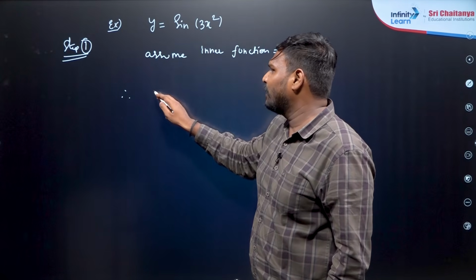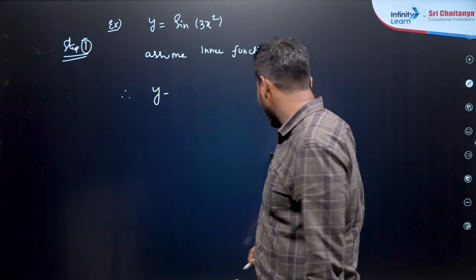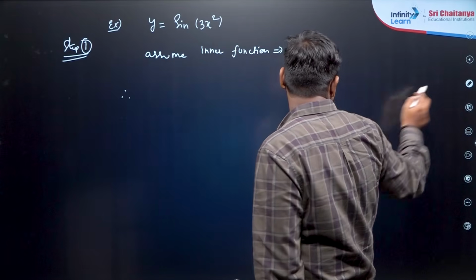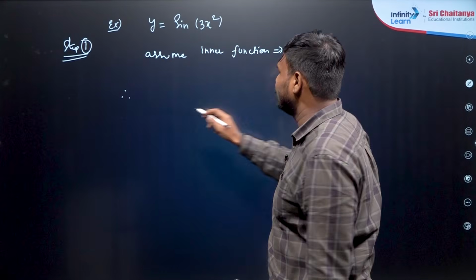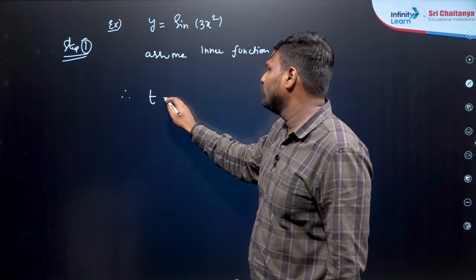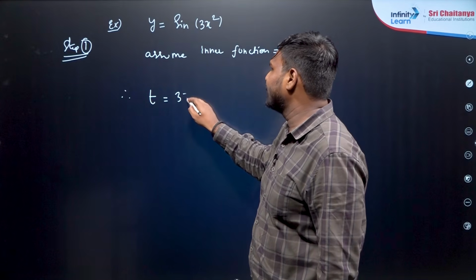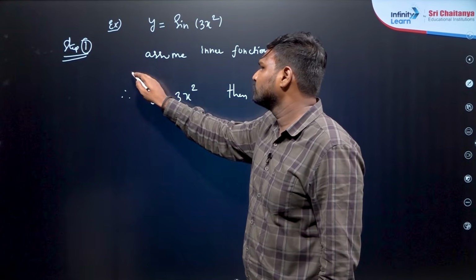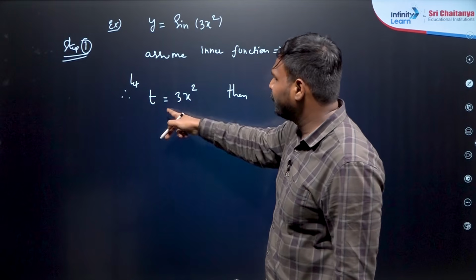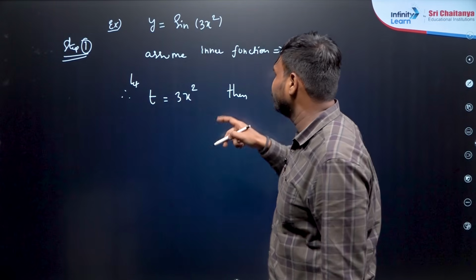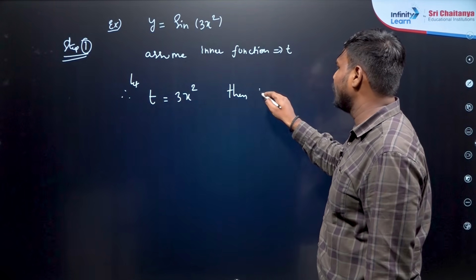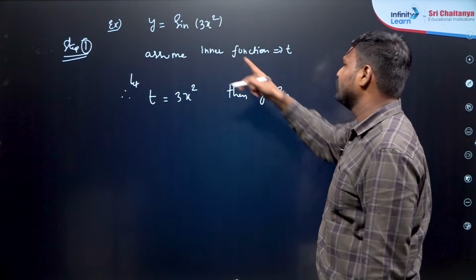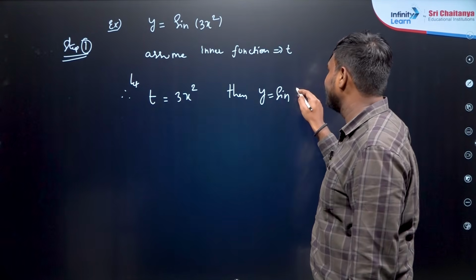So what will happen? Inner function t is equal to 3x square. I am assuming the inner function as t. Then what will the outer function become? Y is equal to sine t.